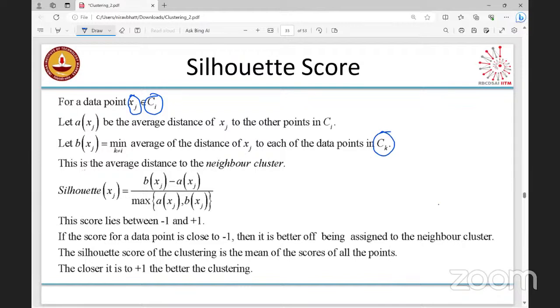Then the silhouette score for xj is (bj minus aj) divided by max of aj and bj. If you look at the structure, you can see right away that the score can be between -1 and 1. If bj is 0 and aj is maximum, then it can be -1. Similarly, if aj is 0, then the score will be +1.